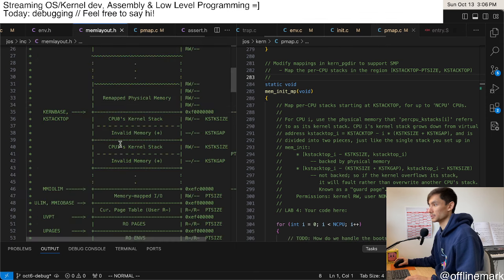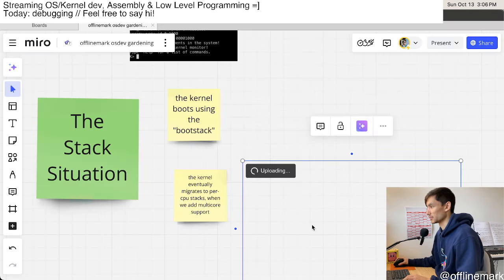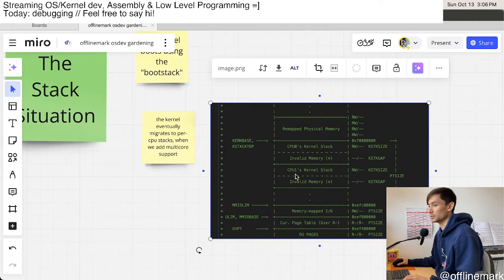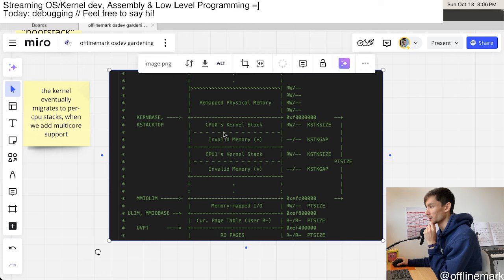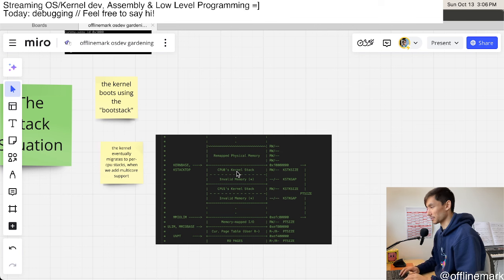It's helpful to consult the memory layout. This is what we are seeing. So the kernel eventually migrates to per CPU kernel stacks. And I think it's going to be fairly obvious once we actually debug this. But there's some problem in the process of doing that.